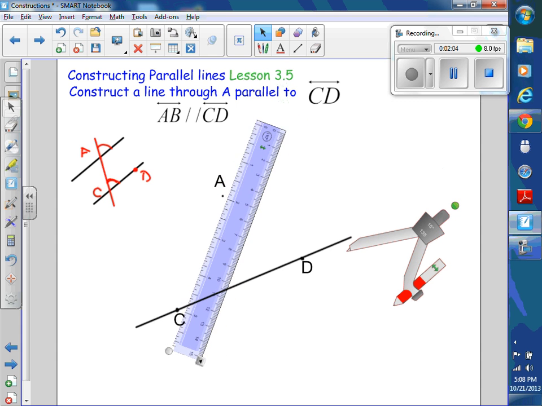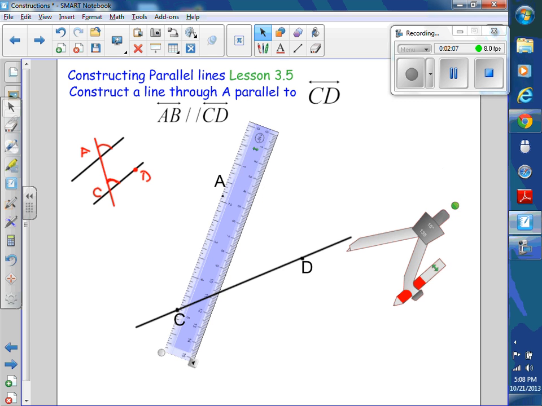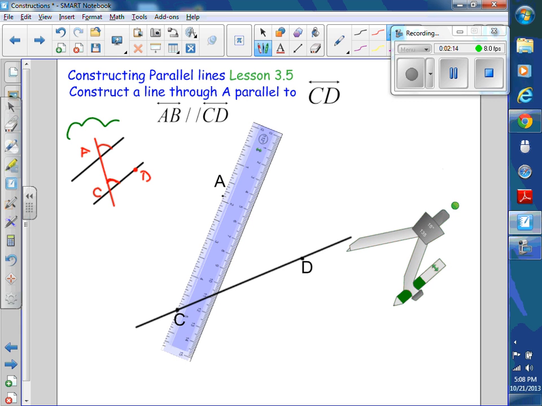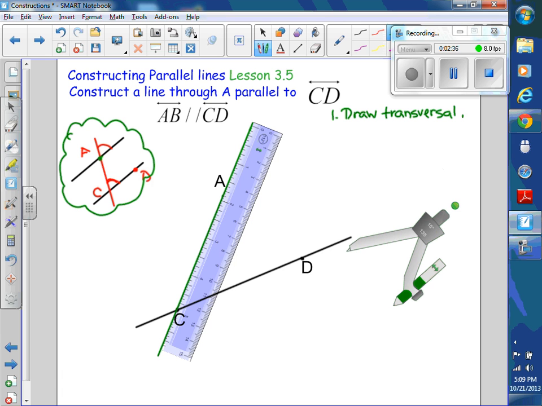And I'm going to make a transversal that connects A and C. So even though this is just kind of a sketch, I'm going to try to make a transversal through A and C. That's step one. So we'll call it draw transversal AC.